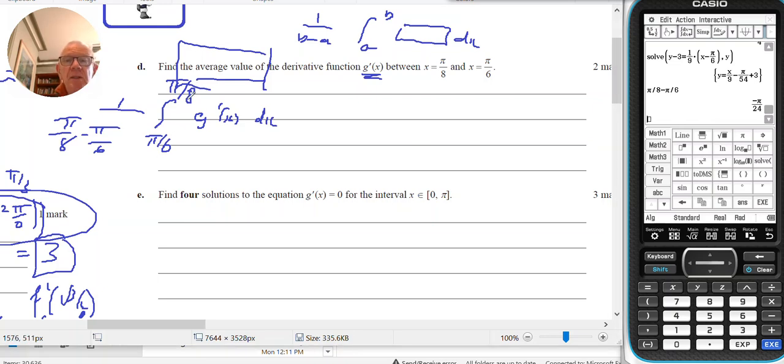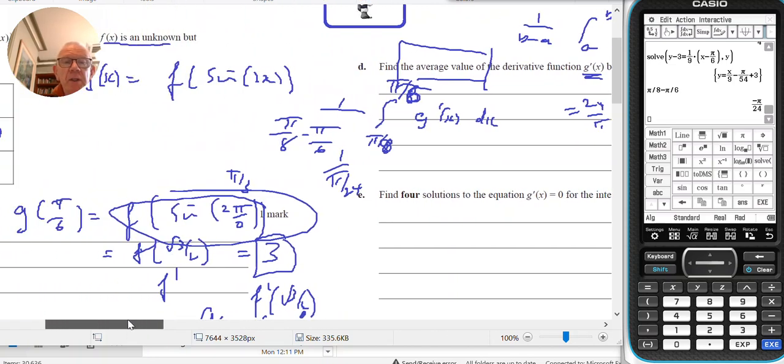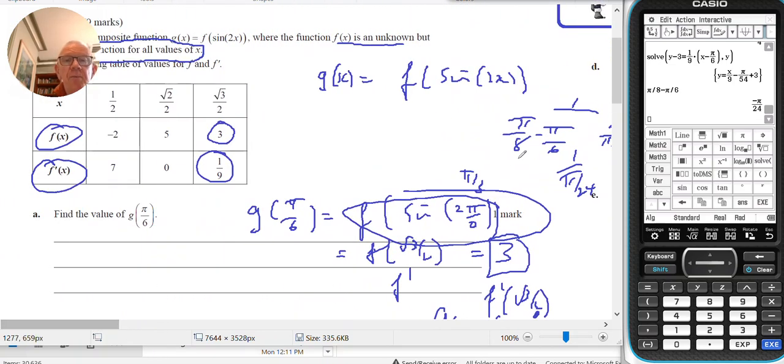So it's going to be 6 there, it's going to be 8 there. So that's going to be 1 on pi on 24. So it's going to equal 24 on pi, the integral from pi on 8 to pi on 6. Now, I want the integral of g dash of x.